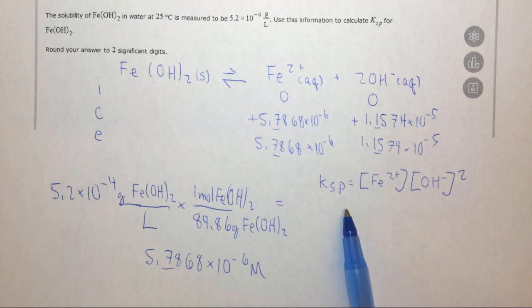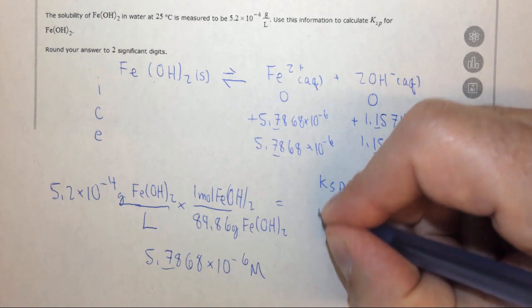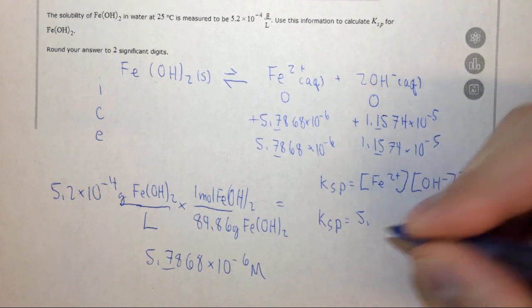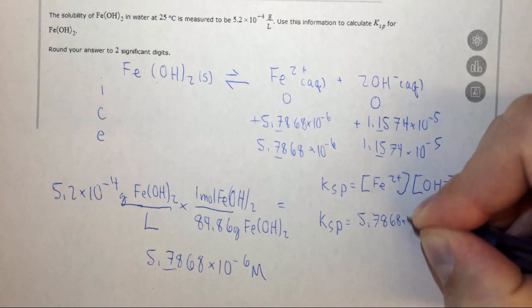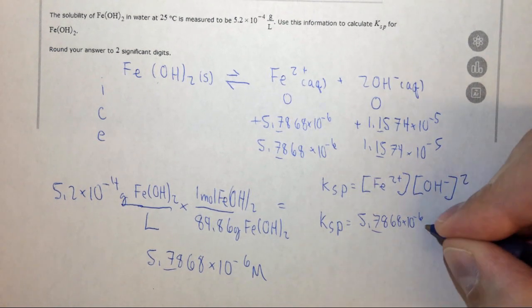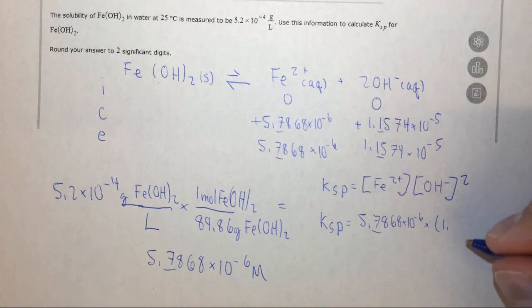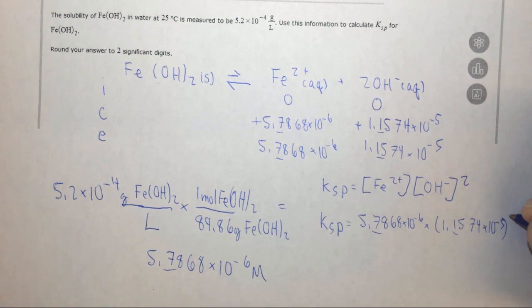Well, we have our Ksp expression, and we have our equilibrium concentrations. So we just plug in: Ksp equals 5.7868 times 10 to the minus 6 times 1.1574 times 10 to the minus 5 squared.